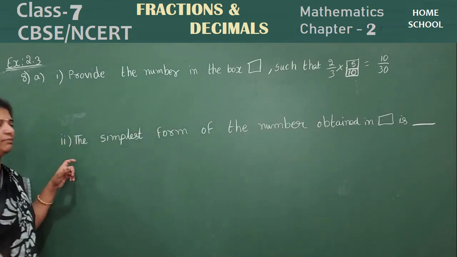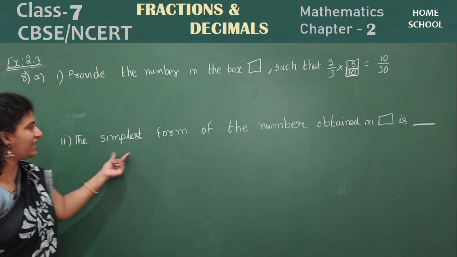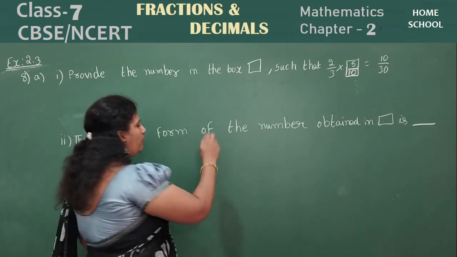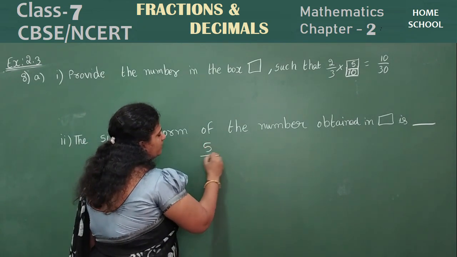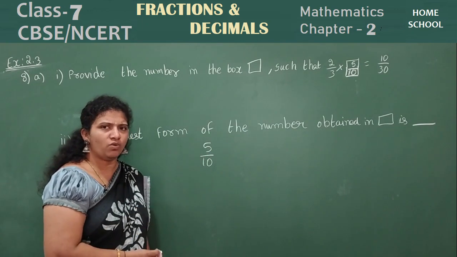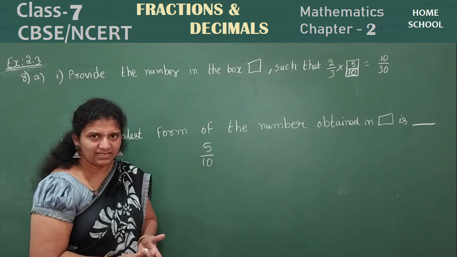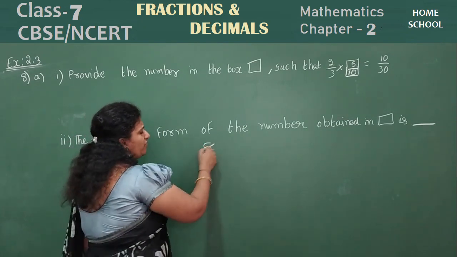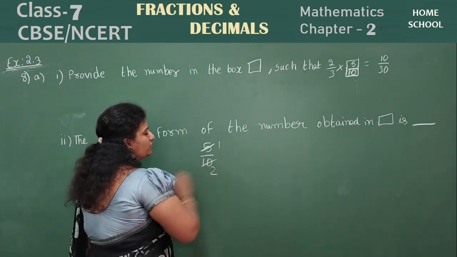Now second sub question. The simplest form of the number obtained in the box. In the box, what is the number you got, children? 5 by 10. What does simplest form mean? Can you cancel here? Yes. What is that same table? 5. 5 ones are 5, 5 twos are 10.